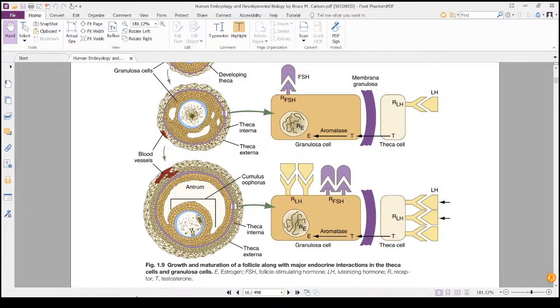The follicular cells which are not in direct contact, which are present between the antrum and the membrana granulosa, are known as mural granulosa cells, because they demarcate the membrana granulosa from the antrum. Very, very important.